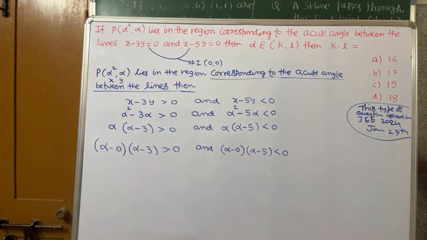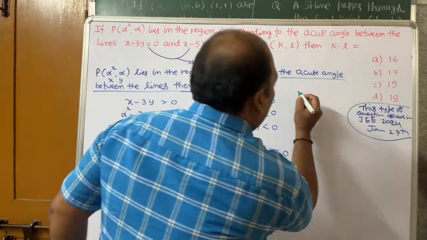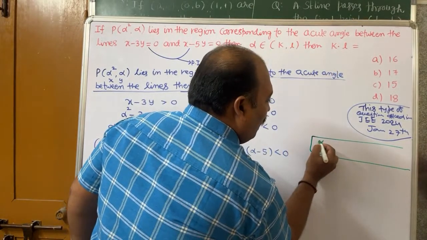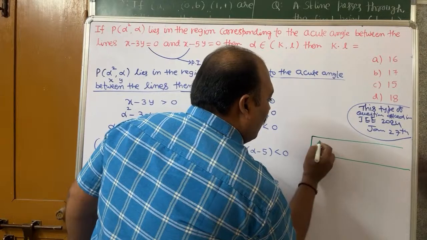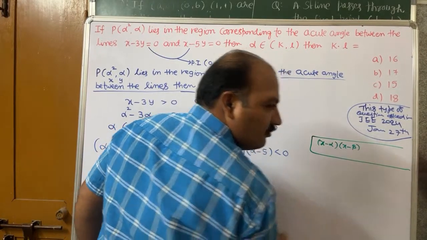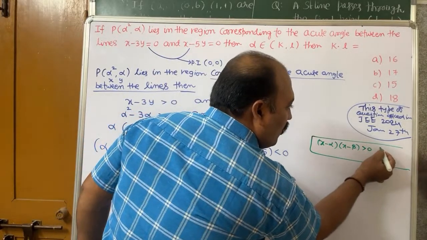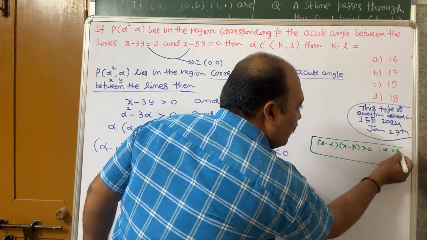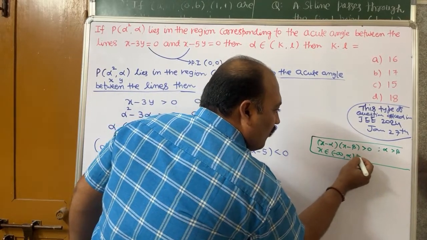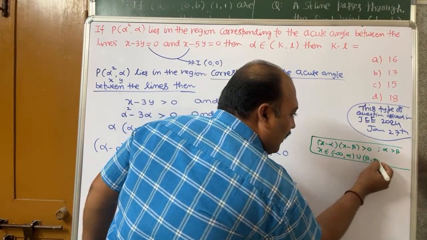I will write both the formulas, dear students, according to your convenience. See here, two formulas are there. x minus alpha into x minus beta is greater than 0 when alpha is greater than beta: x belongs to open interval minus infinity to alpha union beta to infinity.